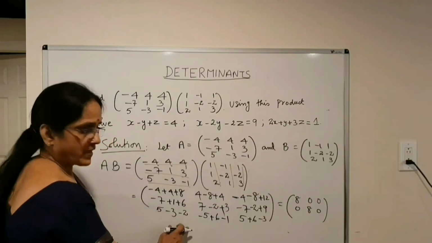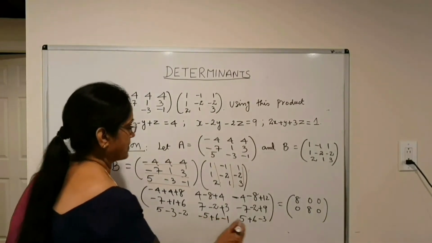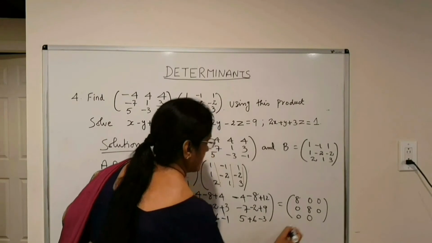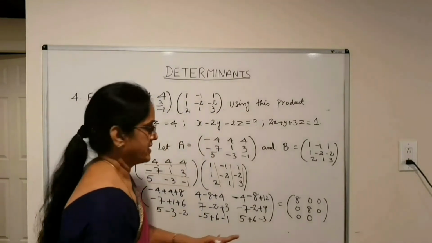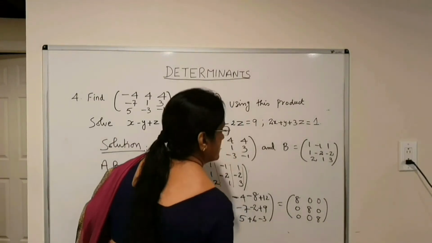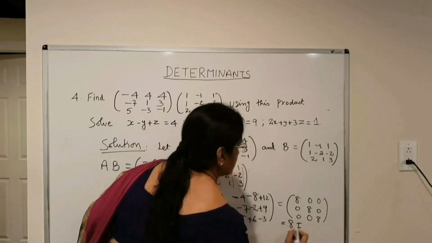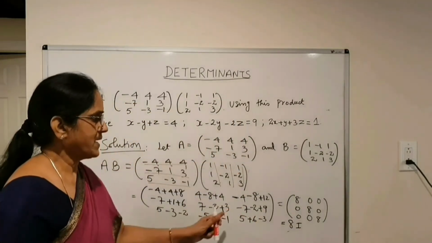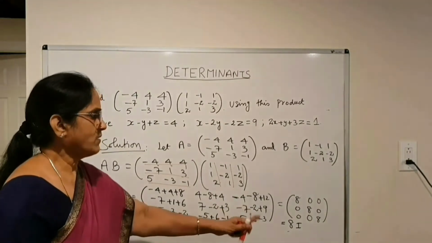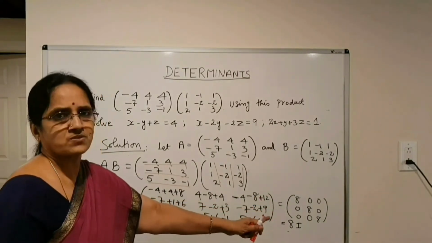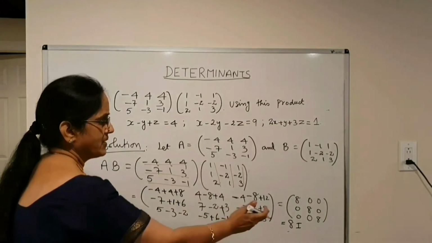Here 5 minus 5, 0, 6 minus 6 also 0. Here 11 minus 3, 8. This is nothing but 8I, because 8 can be taken out. Inside you will have 1 0 0, 0 1 0, 0 0 1. So it is nothing but 8I.